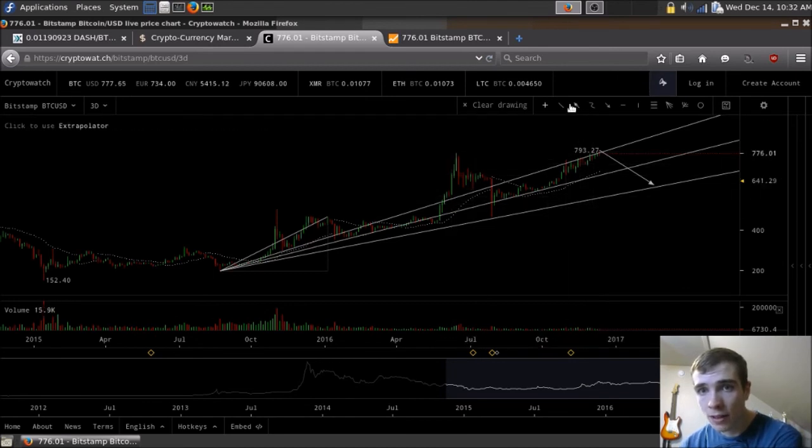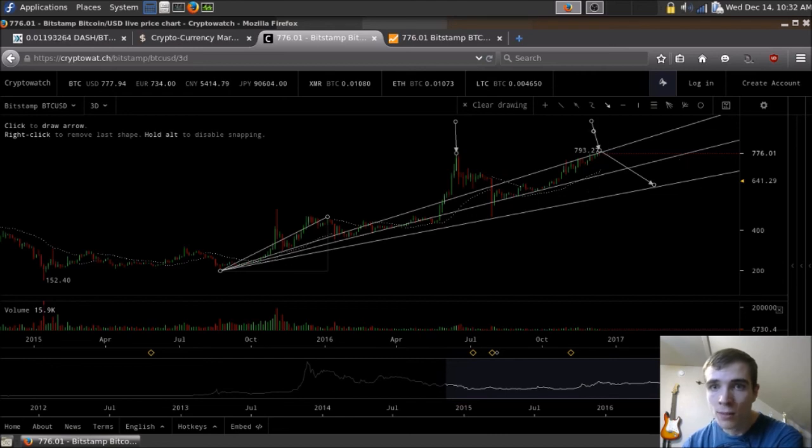Mainly because I feel like it made a double top formation. And what is a double top? That's when it comes up and hits a high, and comes up and hits another high that's really close to that high, or if not the same high, and doesn't show significant reason to break above. So we haven't seen a gnarly candlestick up.